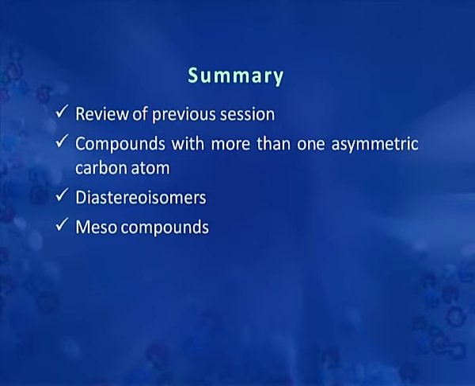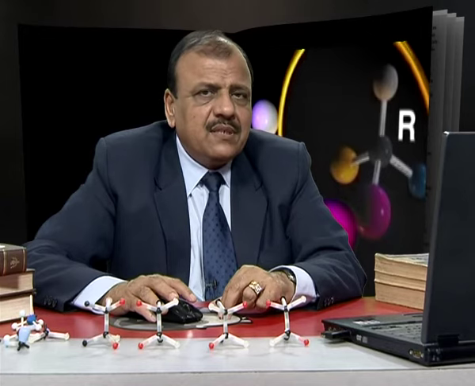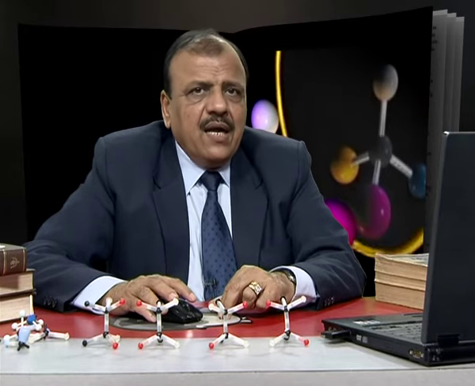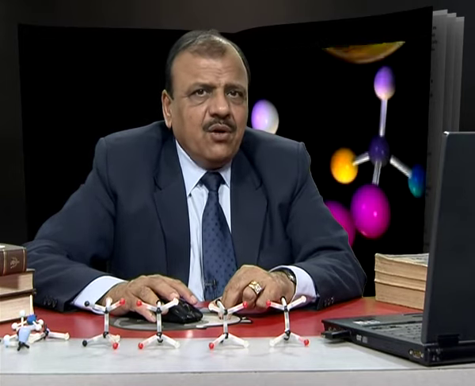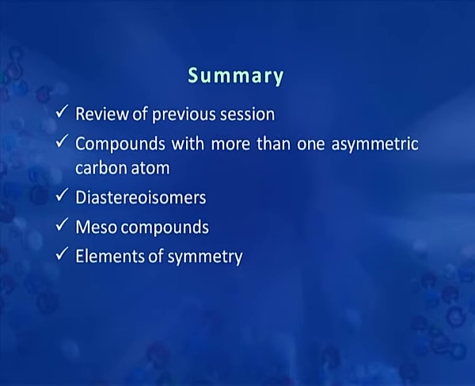I will repeat here that meso compounds are those compounds where one half of the molecule is the mirror image of the other half. Then we discussed the elements of symmetry, and if a molecule possesses any of these elements of symmetry, that is center of symmetry, plane of symmetry or alternating axis of symmetry, this molecule will be optically inactive. Such molecules are achiral molecules.